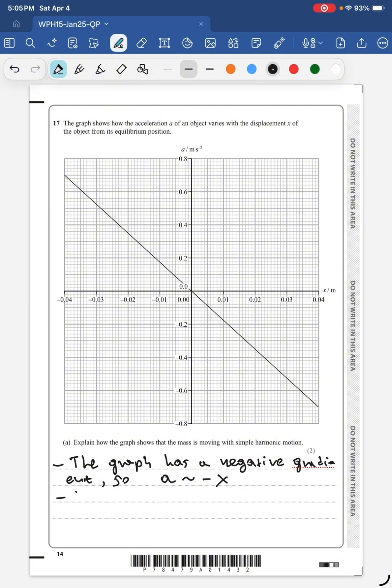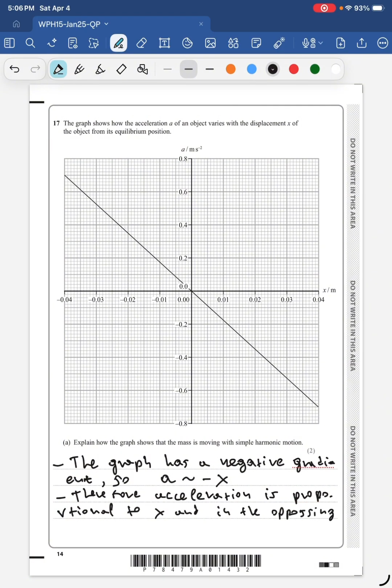And therefore, acceleration is proportional to x, and in the opposite direction, okay, it passes through the origin, okay, so a is equal to minus omega squared times x.